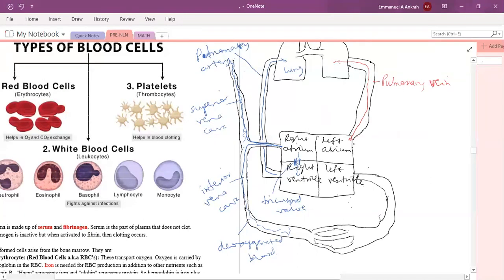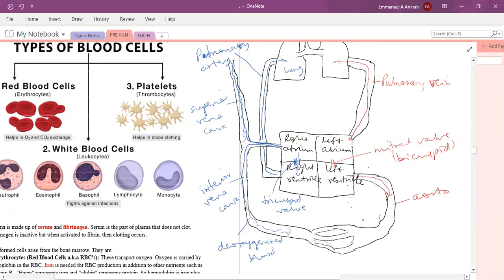So the pulmonary vein brings the blood to the left atrium, and the left atrium pumps the blood. There's another valve here, the mitral valve, also known as the bicuspid valve. And then the left ventricle will pump the blood through the biggest artery in the body, known as the aorta, and then goes to all other parts of the body.